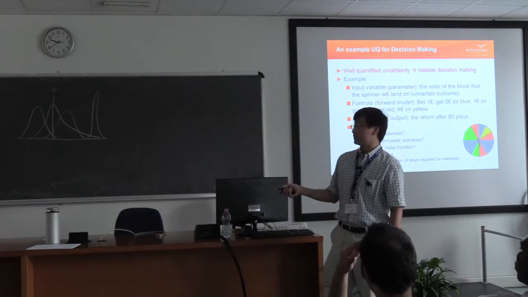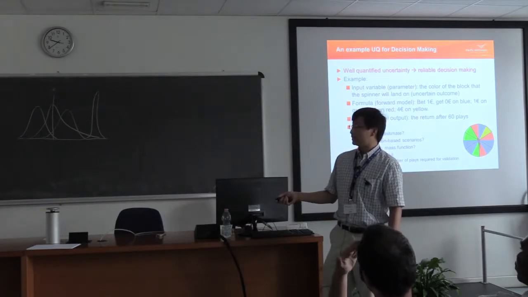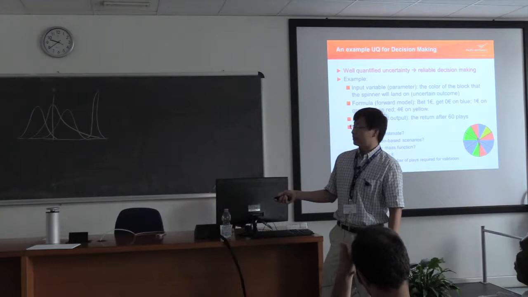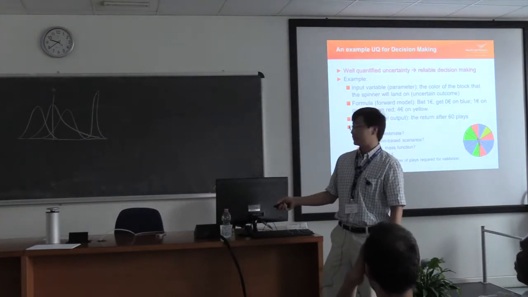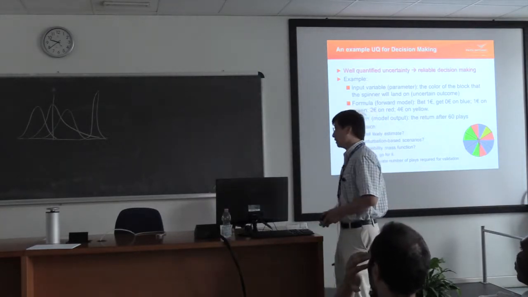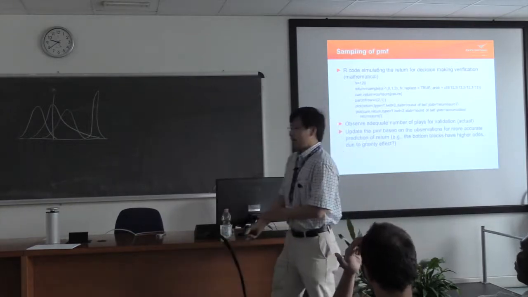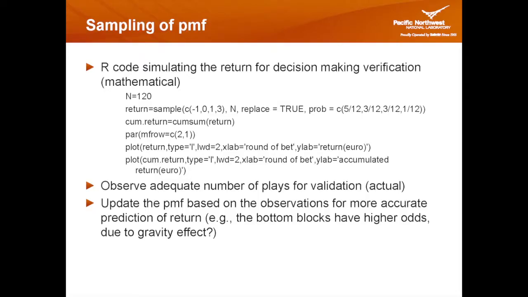For example, someone is playing a trick, like the spinner can never stop on yellow, or because of a gravity effect, something like that. So we need an adequate number of samples, or a long enough period of observation, to prove many concepts in reality.